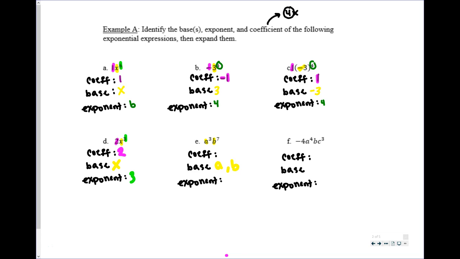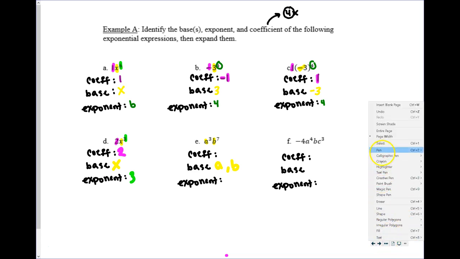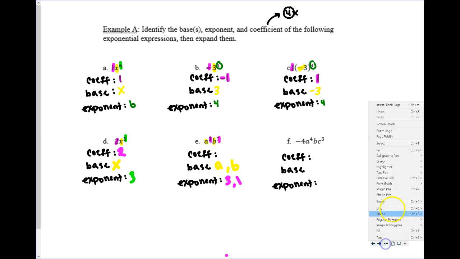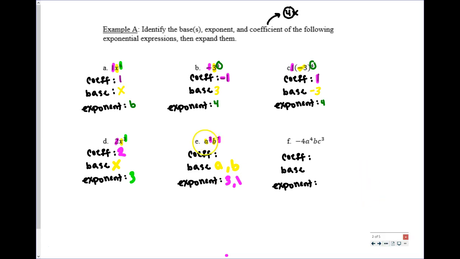It's not AB. That is A, and then B is a separate base. And then I've also got 2 separate exponents. I've got the exponent of 3, and I have the exponent of 7. So 3 and 7 are my exponents. Now, I don't see a number in front, so that tells me that I've got an invisible coefficient, and whenever it's an invisible coefficient, that is a coefficient of 1. There's going to be a lot of invisible coefficients.